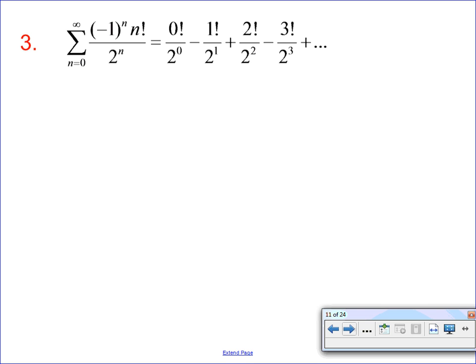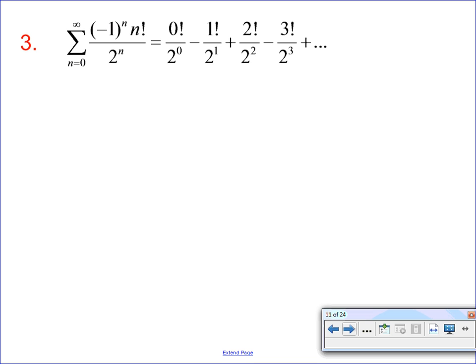No. Look at the nth term. 0 factorial over 2 to the 0 is 1. Then 1 over 2 minus 1 over 2, then 2 over 4. So I have terms that alternate in sign, but the nth term here, what's on top?